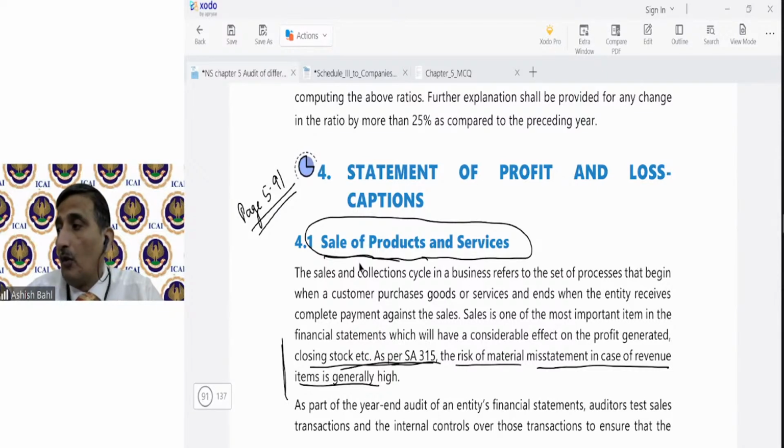Sales may be out of books. Okay, so these things are always there. So therefore, SA 315 states that risk of material misstatements in case of revenue items is generally high.